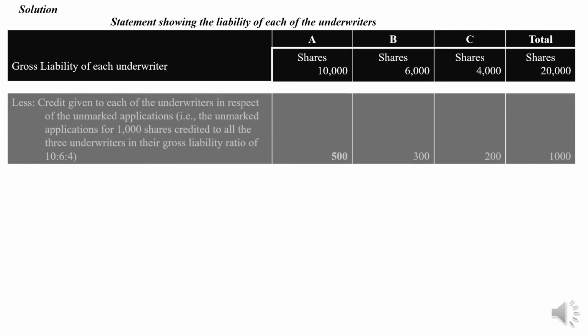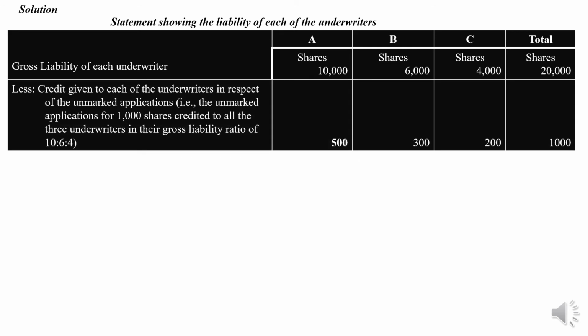Solution: statement showing the liability of each underwriter. There are three underwriters, A, B and C, and the last column is total. Gross liability of each underwriter: A 10,000, B 6,000 and C 4,000. Total gross liability of the underwriters is 20,000. Then from this, credit given to each underwriter in respect of unmarked applications.